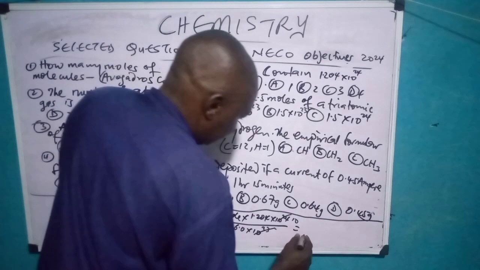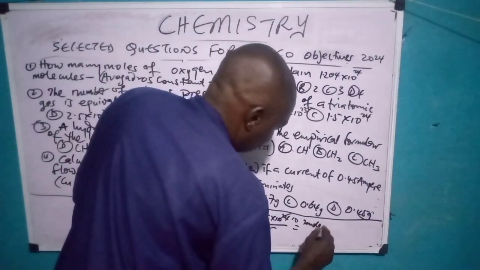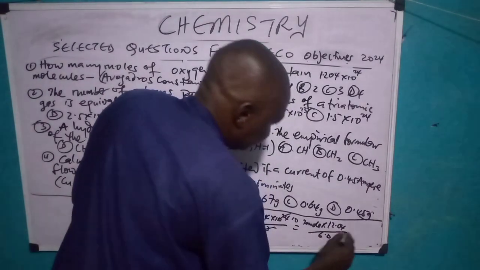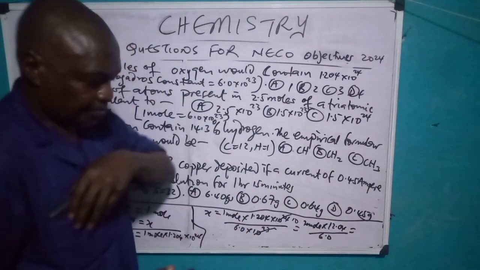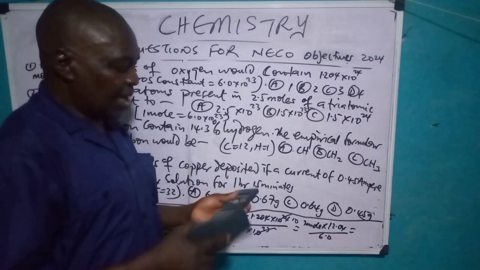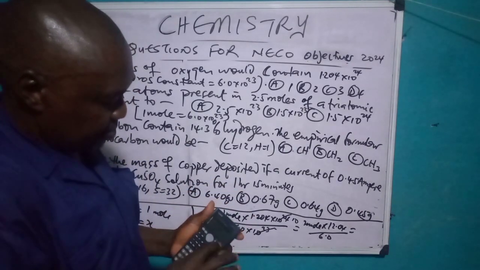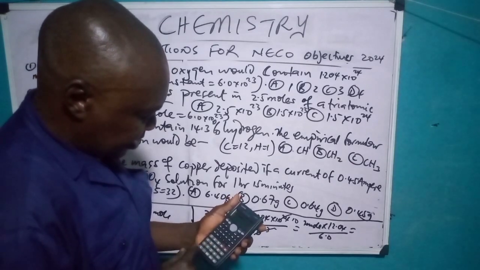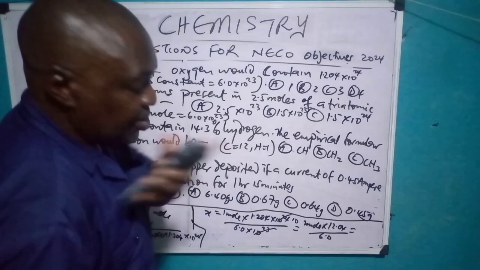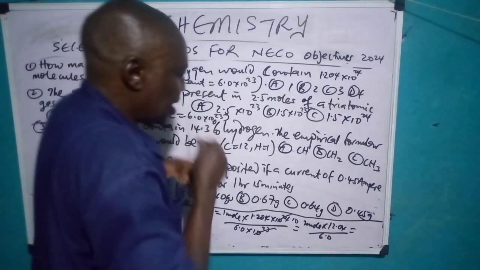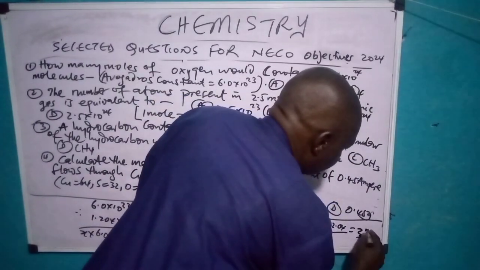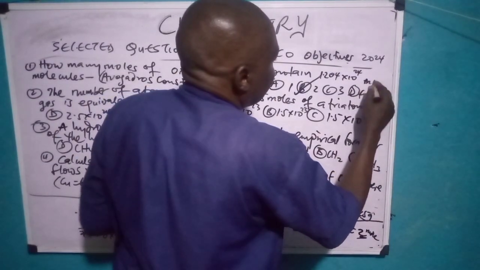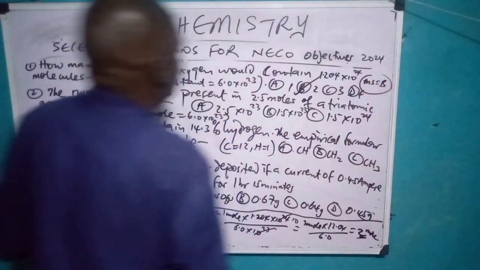It will now be 1 mole times 12.04 over 6.0. Ensure you calculate it properly. 12.04 divided by 6 gives you 2.006, so approximately 2 moles. So let's see the option. The option is B. Answer equals B. So that's B for the first one.